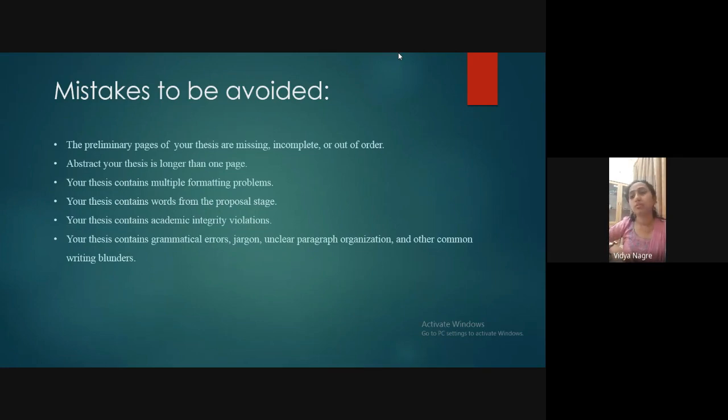Please, that happens. It happened with me also. When I wrote my thesis for the first time, I mistakenly forgot to give citation to certain definitions. So my plagiarism suddenly hiked to 16%, which was not acceptable even to me.